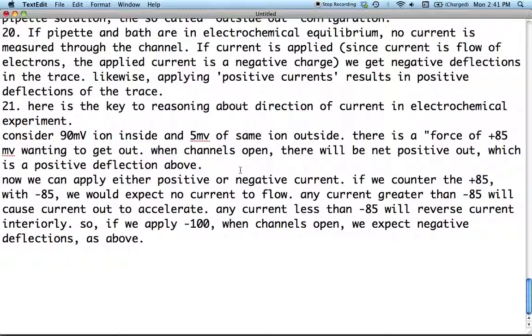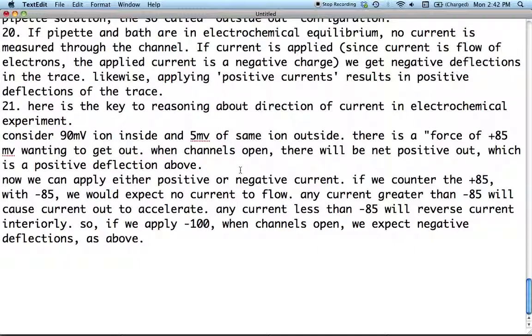Now, suppose that there was not chemical equilibrium between the inside and the outside in your experiment. So we'll say the inside of the pipette versus the outside of the pipette. Suppose the inside had a concentration of potassium resulting in, say, 90 millivolts, and the outside has a concentration resulting in 5 millivolts.